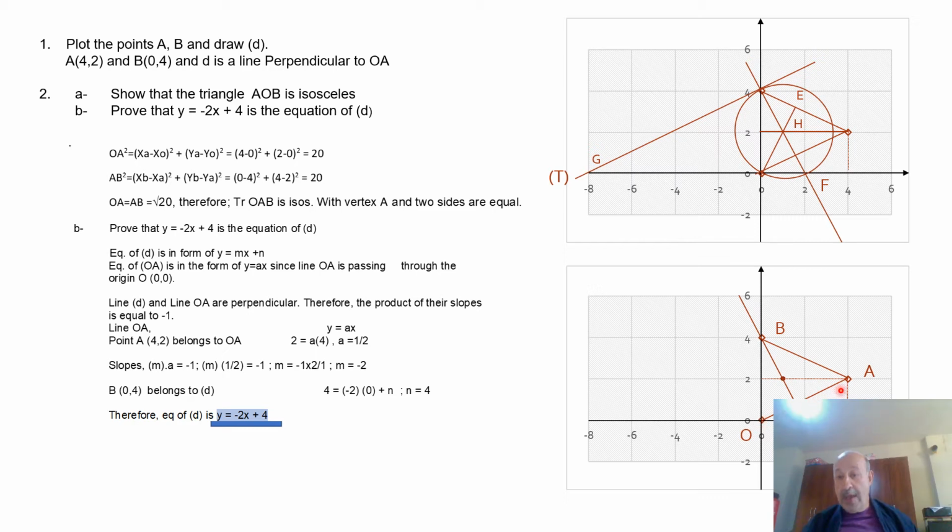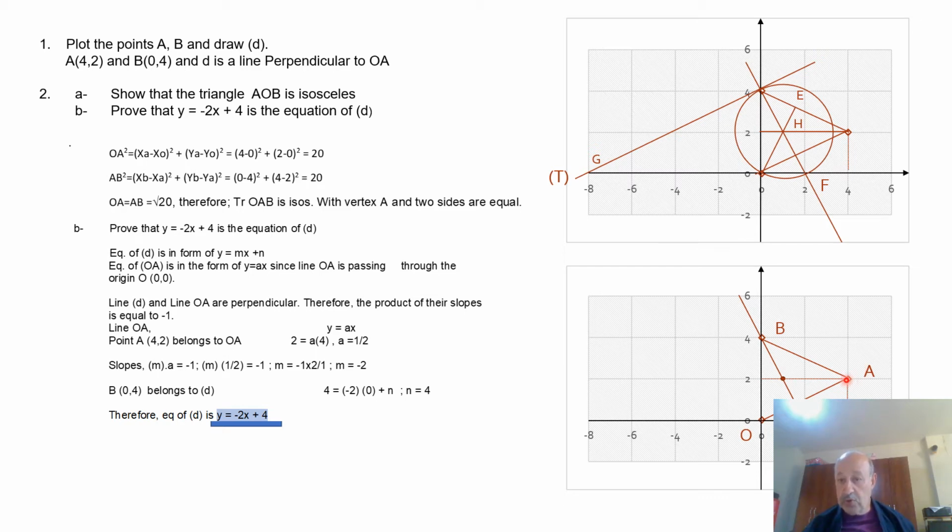So OA passes through the origin O. So the form of the equation of OA is y equals ax. So we need to find what a is. How to find it? O is, we said, (0, 0), so y equals ax, and A is on the line with coordinates (4, 2).